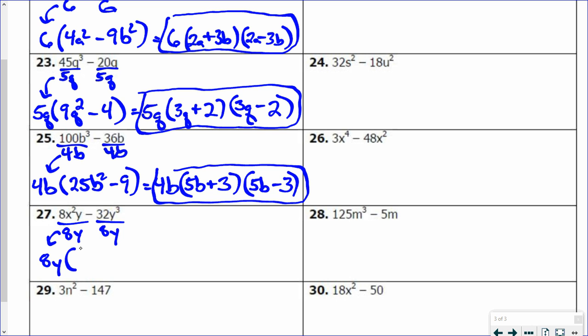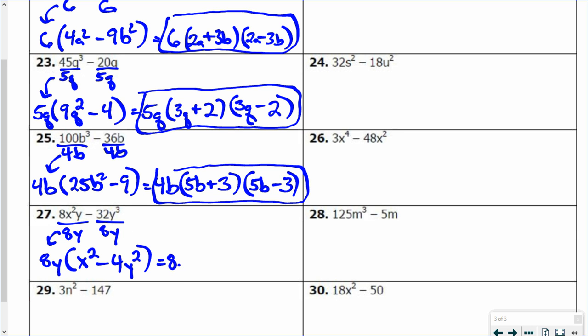So 8 divided by 8 is 1. Y's cancel out and just leave me with x squared. 32 divided by 8 is 4, and y to the third divided by y would be y to the second. 3 minus 1.